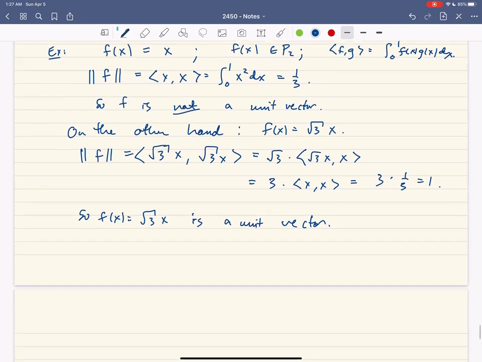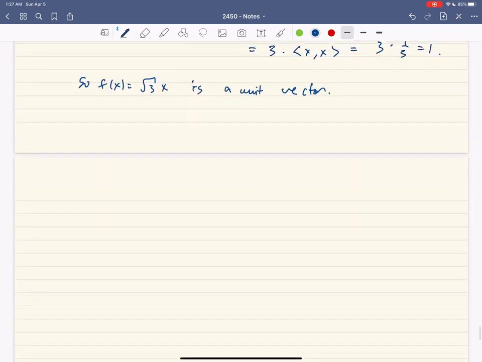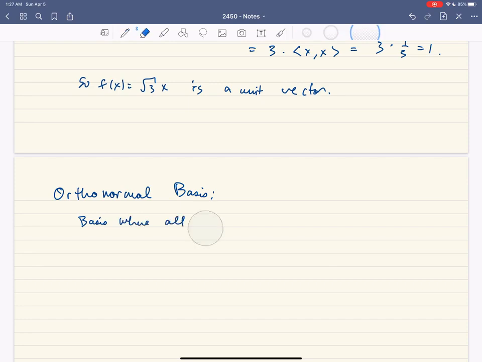The last topic, just to bring up, and this is related to unit vectors, is this notion of what's called an orthonormal basis. An orthonormal basis is going to be a basis where all the basis vectors are mutually orthogonal.